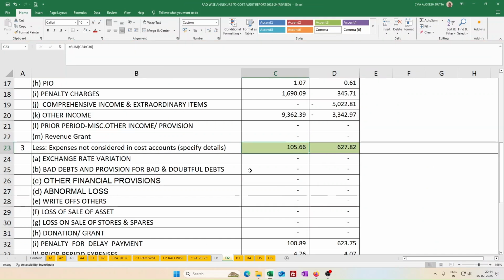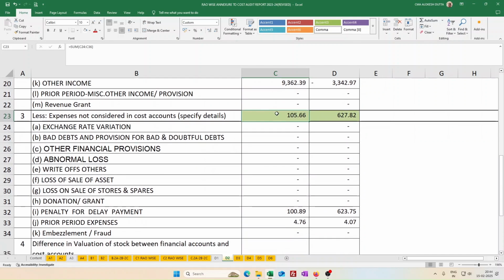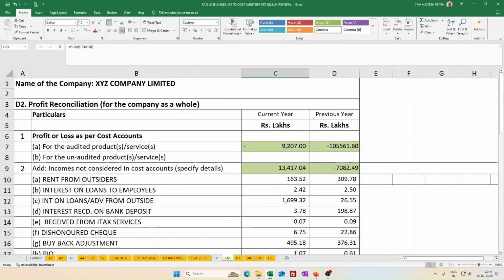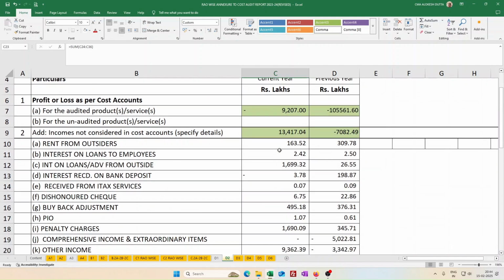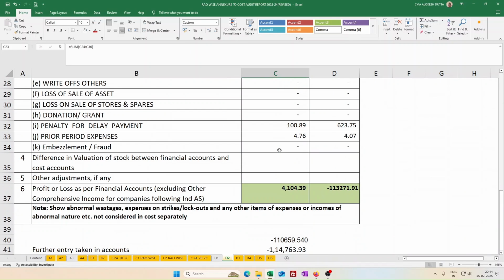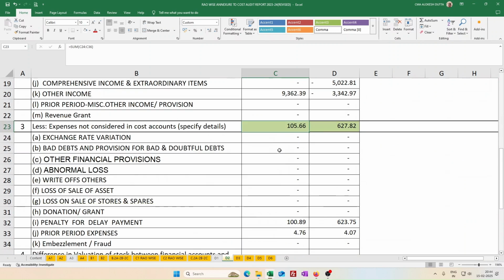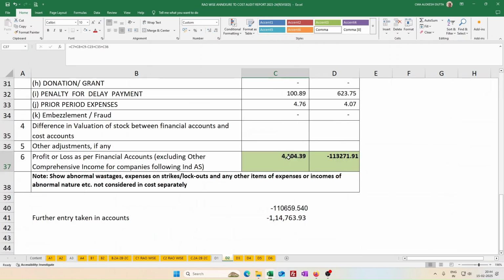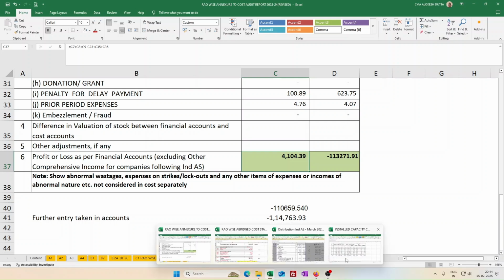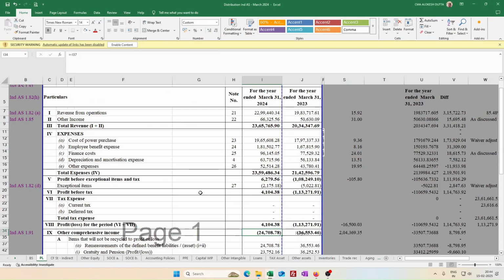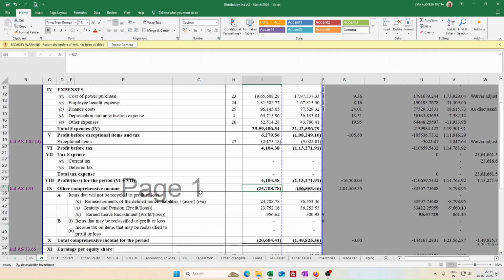So this one is your reconciliation D2. Now you understood how this reconciliation works, and this is PBT as per profit and loss account. I will show it again. What is PBT?